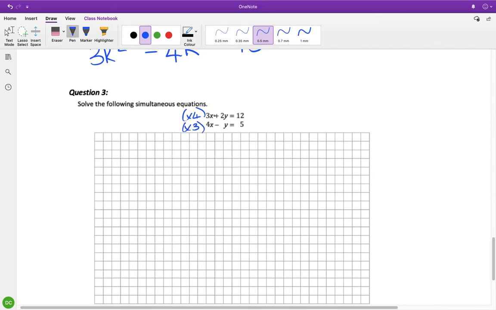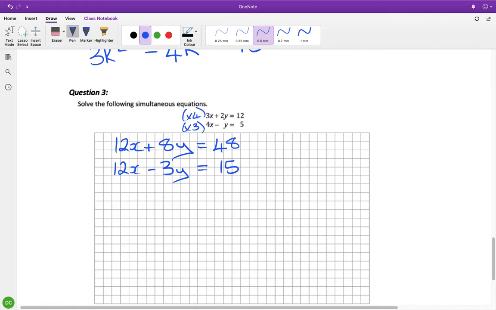Okay, but remember that whatever you want to multiply your x by, you have to multiply everything by. So top line by 4, I'm getting 12x plus 8y equals 4 12s or 48. And then the bottom line by 3 gives me 12x minus 3y equals 15.